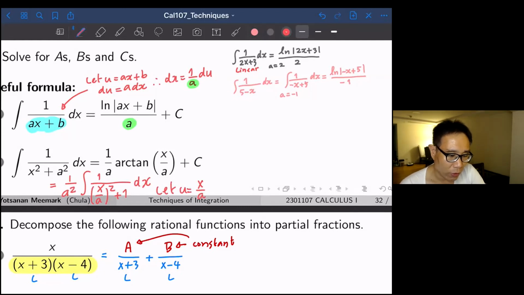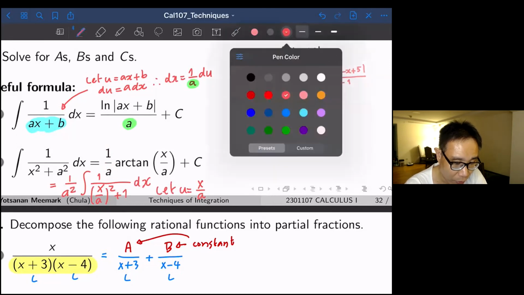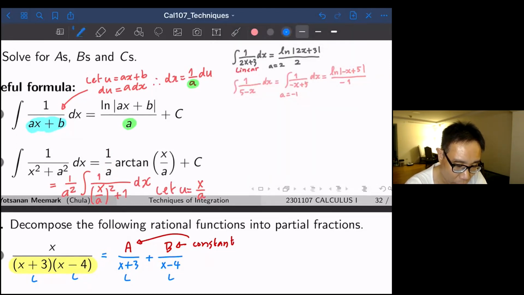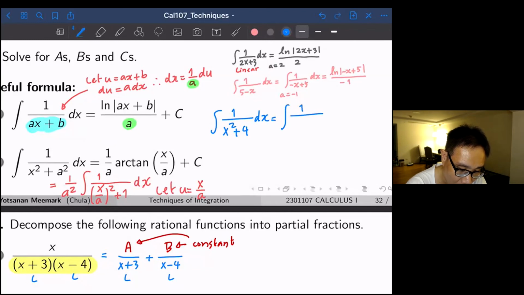Okay, so the formula turned out to be 1 over a arctan of x over a, plus c. For example, if you want to integrate 1 over x squared plus 4 dx, you're going to write this as the integral of 1 over x squared plus 2 squared dx.